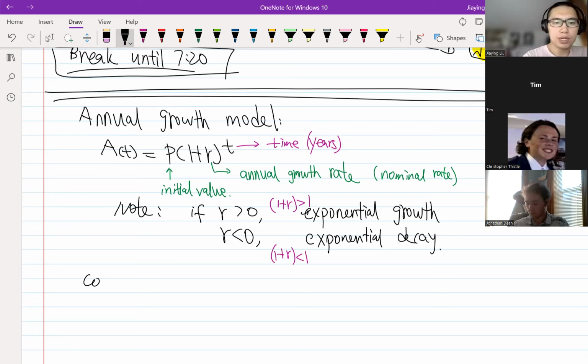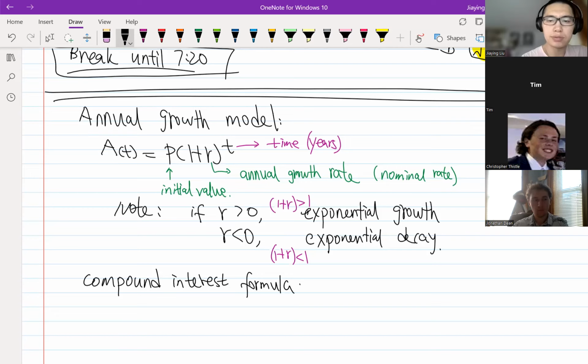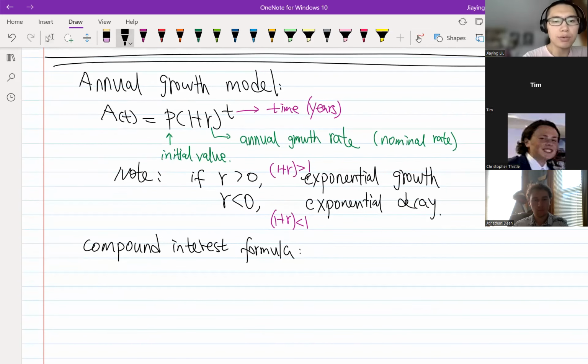And then the next one is the compound interest formula, which is A of t equals P times (1 plus r divided by n) to the power n times t.